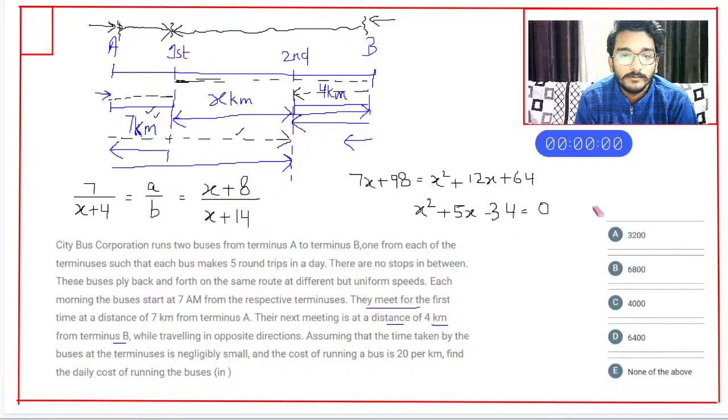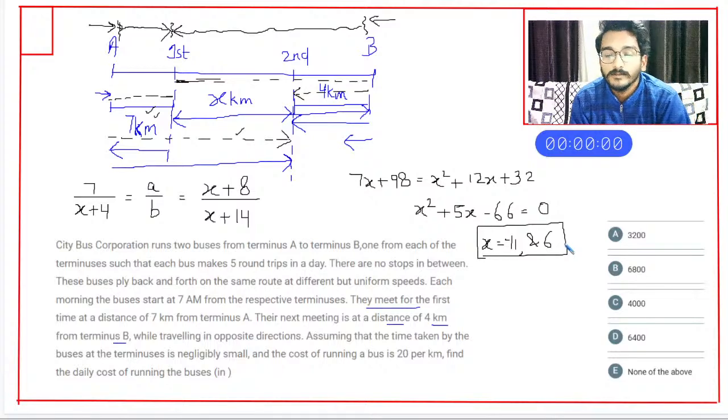Sorry, 8 and 4, 32. So I can clearly see there is a factorization of 11 and minus 6. Sorry, minus 11 and 6. You can check by sum of roots and product of roots. Okay, so we can say x equals 6 here.